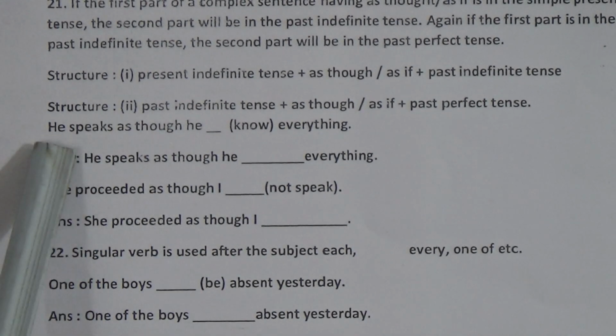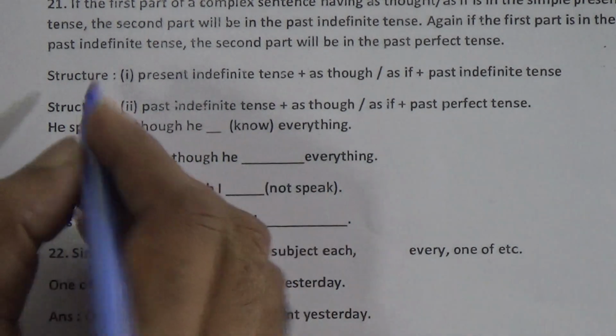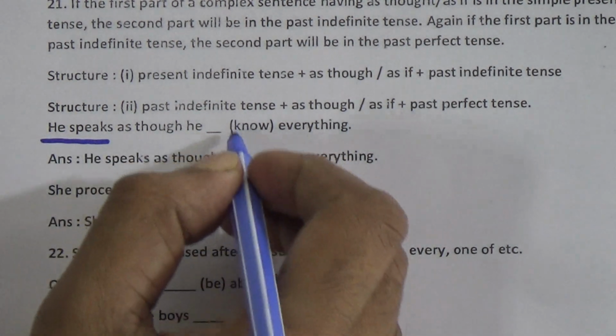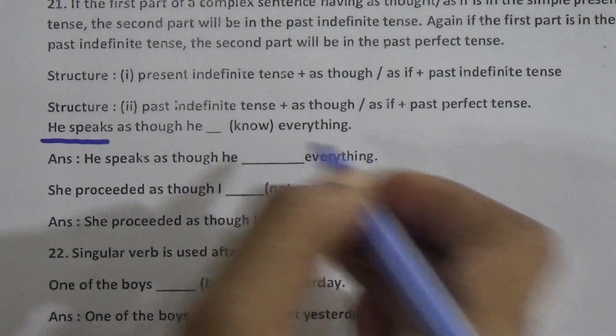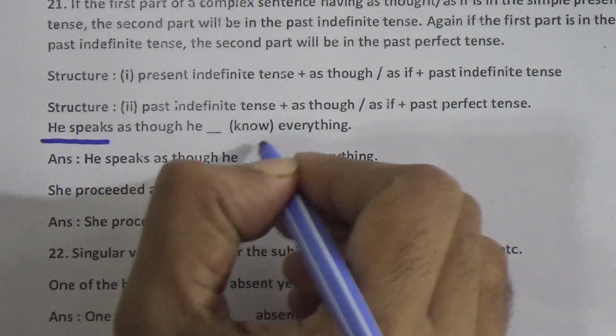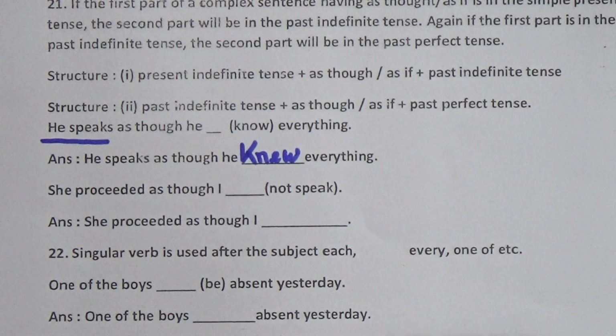For example, he speaks as though he (know) everything. Look here, he speaks, this is present indefinite tense. So the verb in the bracket will transform into past indefinite. That means it will take the past form of the verb. He speaks as though he knew everything.